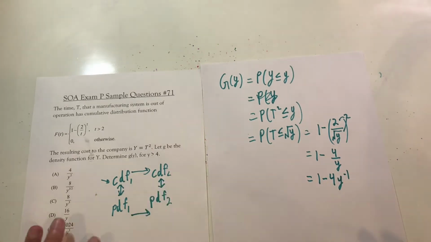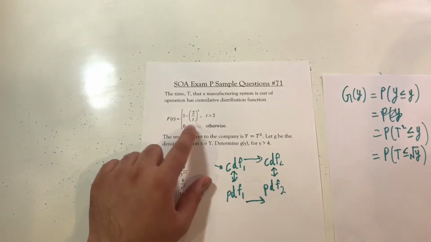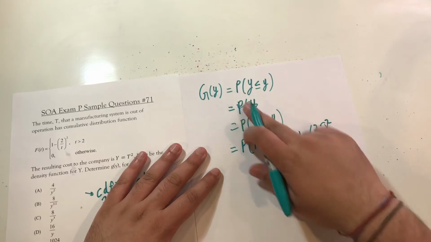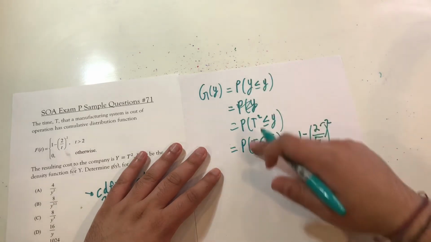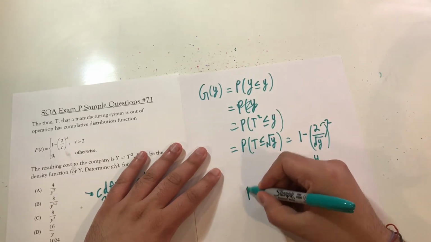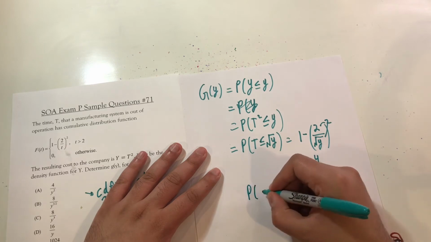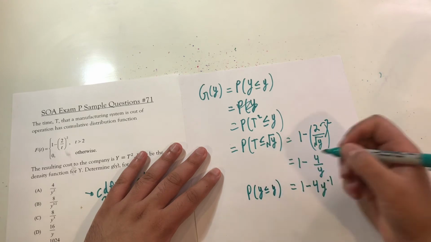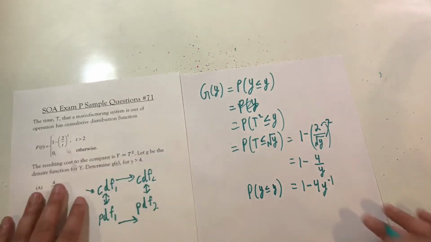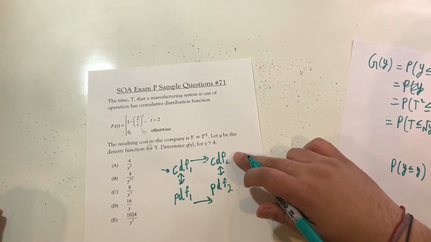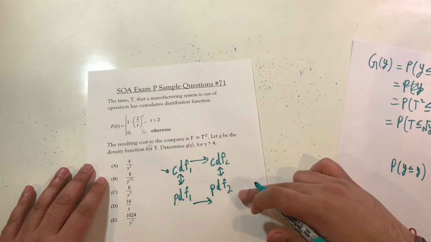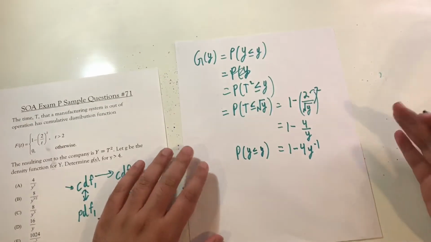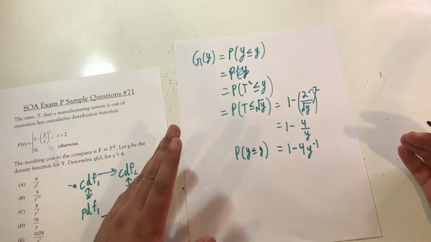Okay, so now I've used my distribution for my first function to get a distribution for my second, right? All of these are equivalent, so this is equal to the cumulative distribution of y less than some specific y. Okay, so now that I've gotten the CDF of function 2, I just differentiate to get the PDF, the probability density function of function 2, which is what the question's actually asking for.